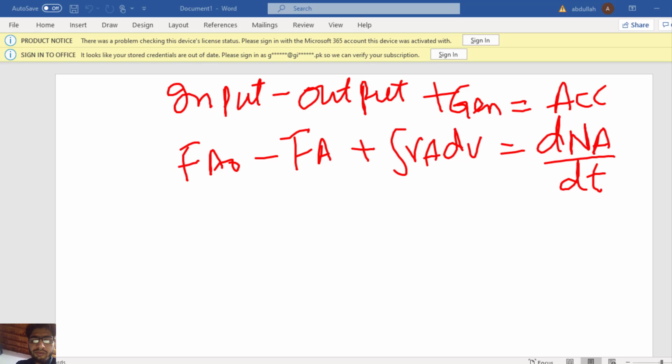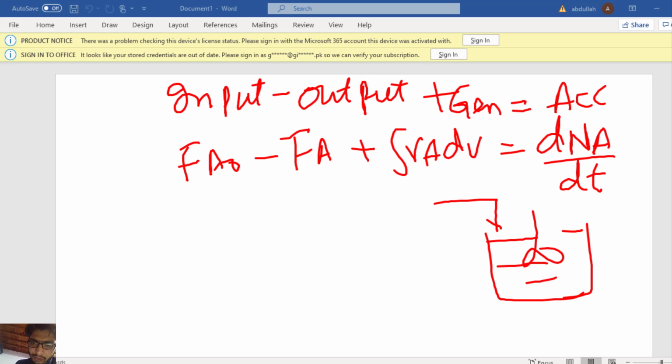Now there is the CSTR. Suppose this is the CSTR reactor. The fluid comes into the reactor, the product forms and leaves the reactor. The flow rate of fluid entering is FA0, this is the volume of the reactor, and the product leaving the reactor is FA.